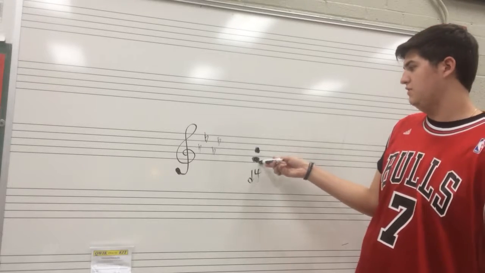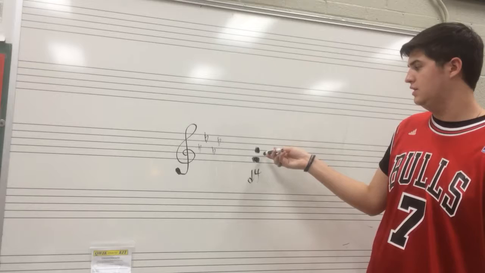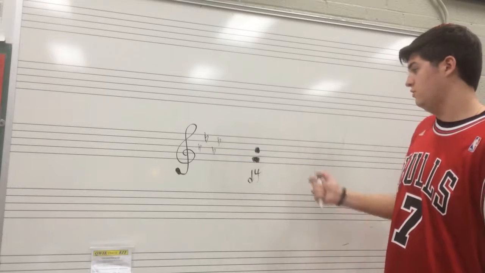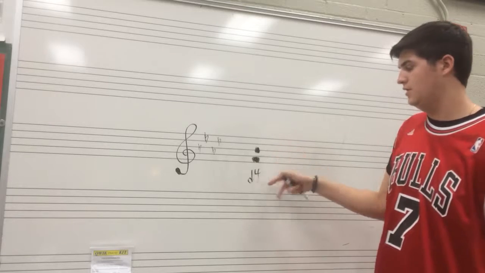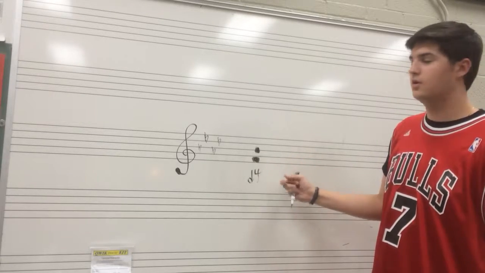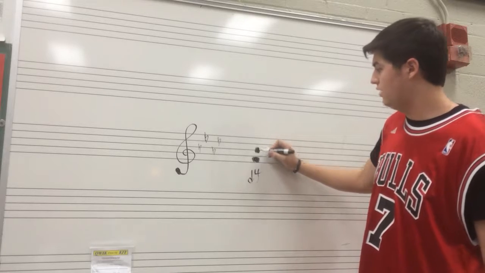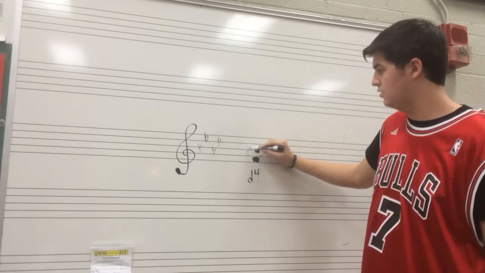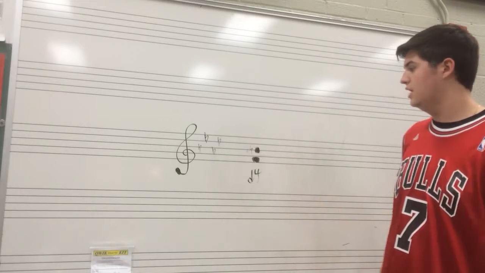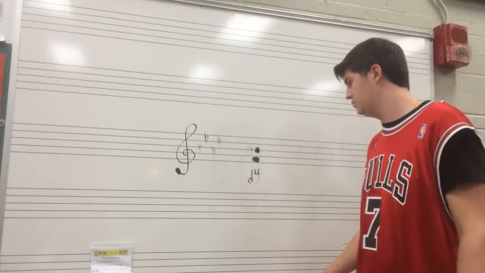In the key of F, B is flat, and this B is flat because of the key signature. So you've got a perfect fourth. Now to make it a diminished fourth, you need another flat on the B. So you would make it a double flat, technically. And then that would be diminished.